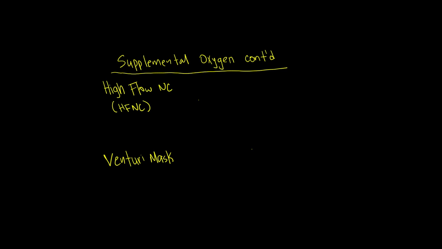Starting with the high flow nasal cannula, this device is actually prescribed in 2 different parts. The first part being the flow rate and the second part being the FiO2. Now the flow rate goes all the way up to 60 liters per minute, and this is pretty much the force behind the oxygen that's being delivered to you. So 60 liters per minute, that's a pretty high amount of force.